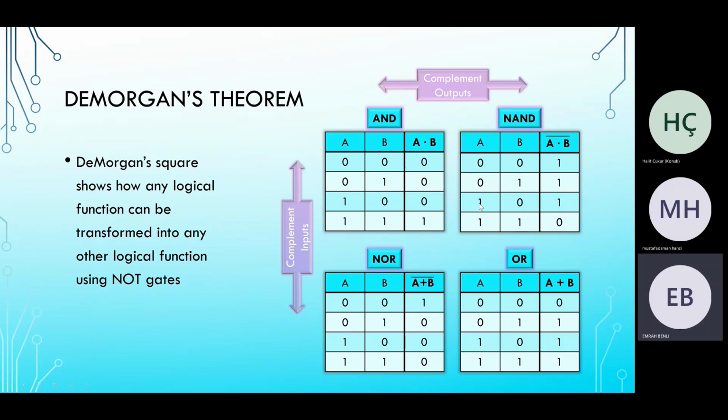Correct. Complement of 1, 1 will be 0, 0, and the outputs are equal, 0. So that's what complement inputs and complement outputs mean.